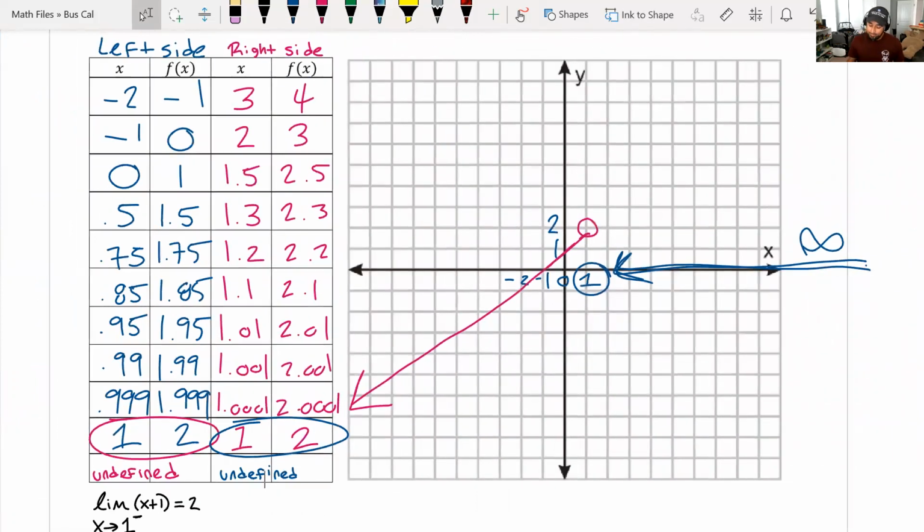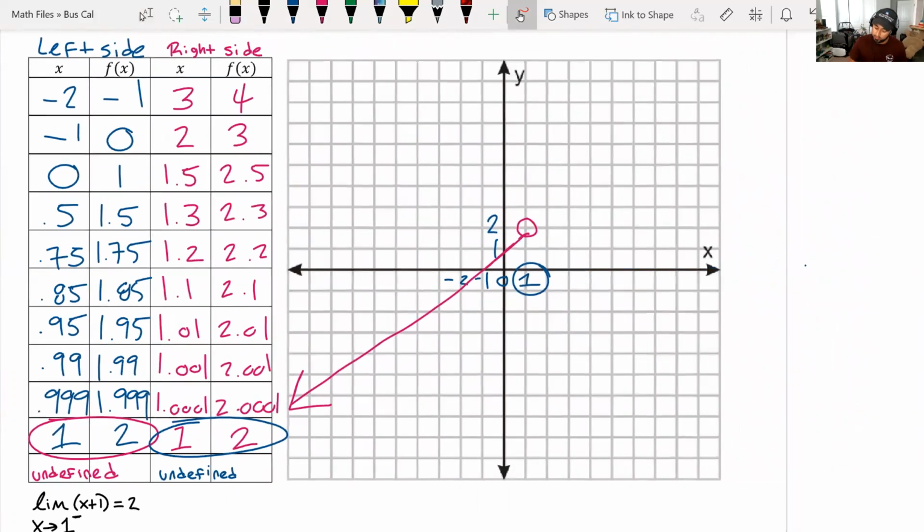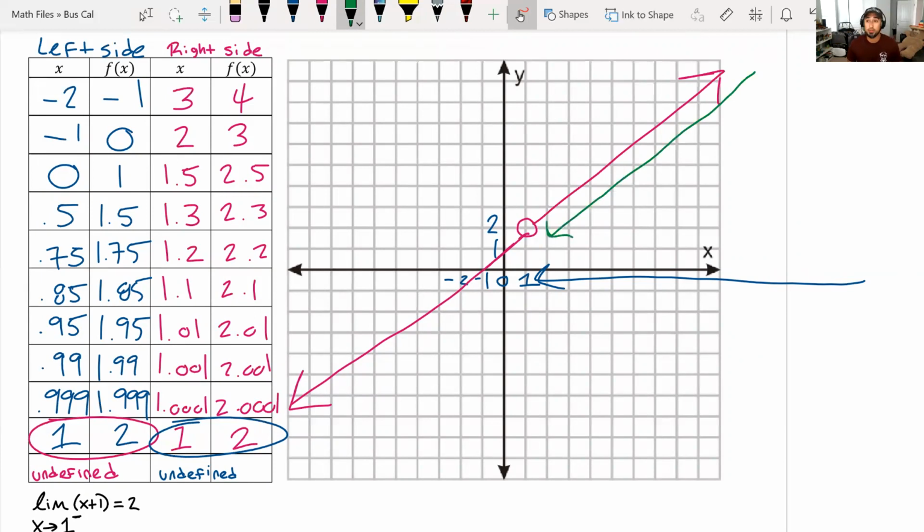Okay. So let's look at the graph. So the rest of my function would graph out to something like this, which means what we did on the number line, on the XY chart, says as we approached 1 from the right side, we saw that y was getting closer and closer and closer to what number?